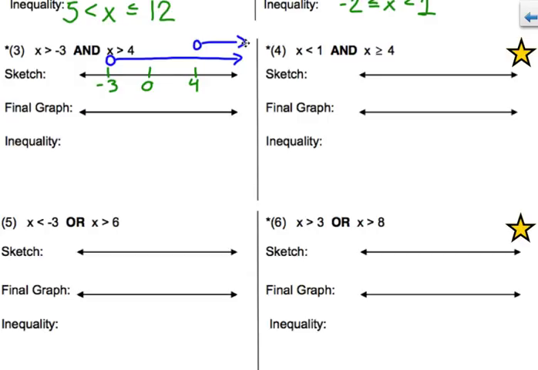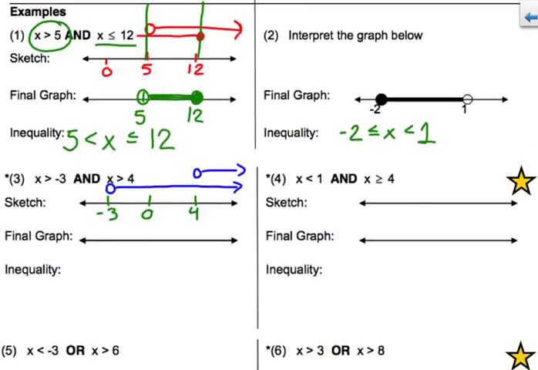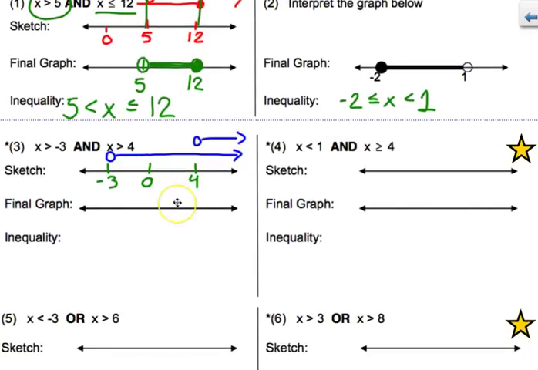Okay, so this doesn't look like an AND problem that I've seen before. Typically my AND problems are facing each other and I'm looking for the overlap. So this is why it's a special case. But I'm still looking for the overlap since it's an AND problem. And they're overlapping in this area right here. So basically I can ignore x is greater than -3, because if something is greater than 4, it also makes it greater than -3.